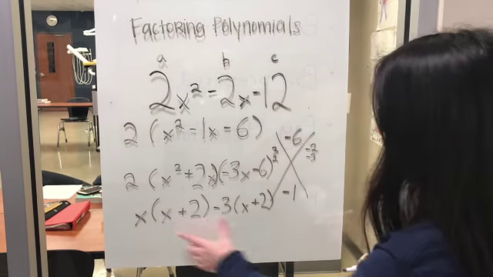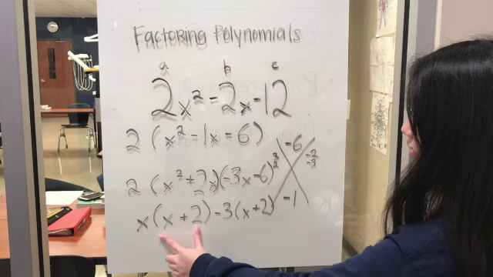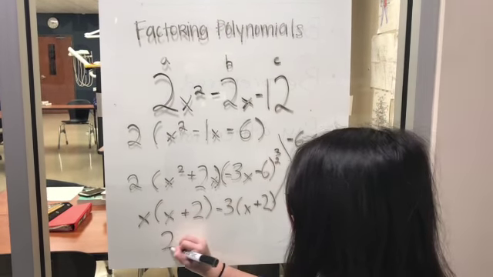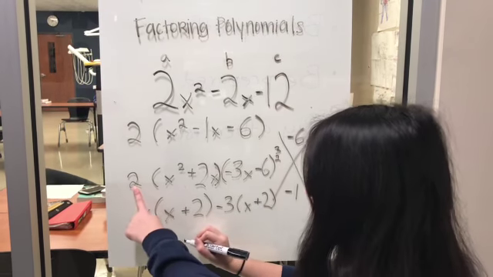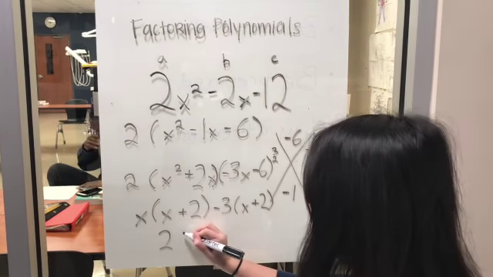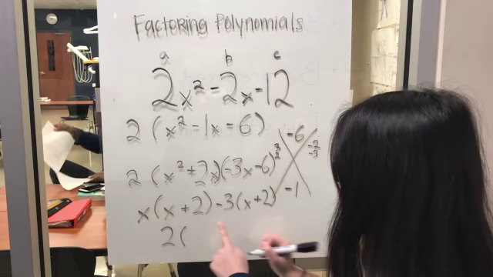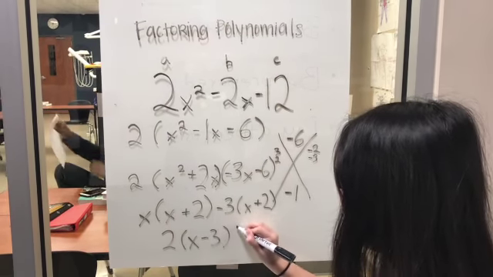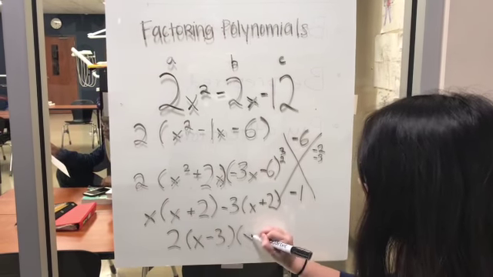The parentheses should be the same for both. So now your final answer is 2 from your original greatest common factor, and then x minus 3, and then x plus 2.